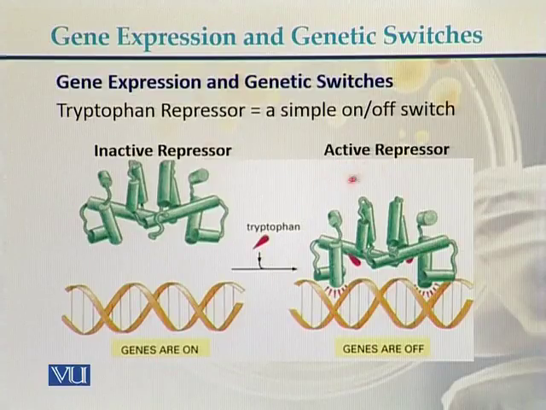When there is an active repressor in the presence of tryptophan, the active repressor will bind to the operator region of the DNA, then the genes become off. So here we can see an example of inactive repressor and active repressor. When there is an inactive repressor, genes are on. When there is an active repressor, genes are off.